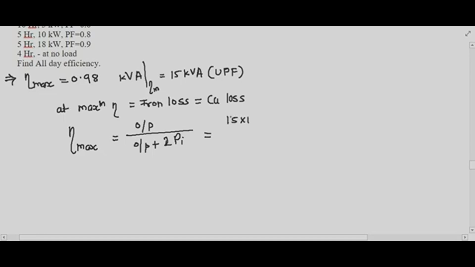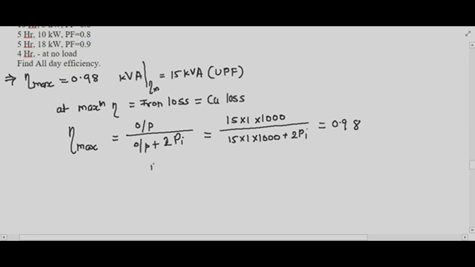So kVA into power factor is nothing but your kW, into 1000, because I have to convert kVA into VA, so 15 into 1 into 1000, divided by 15 into 1 into 1000 plus 2 Pi. And what is this given to you? This is equal to 0.98.